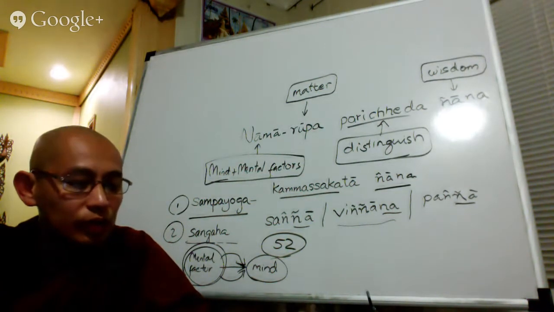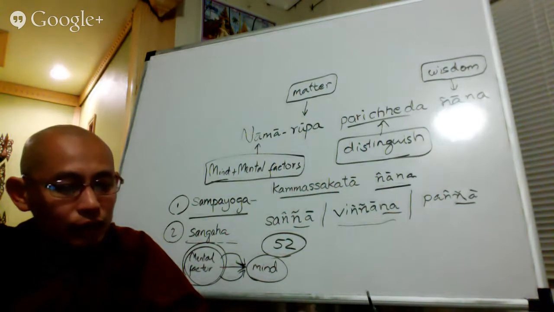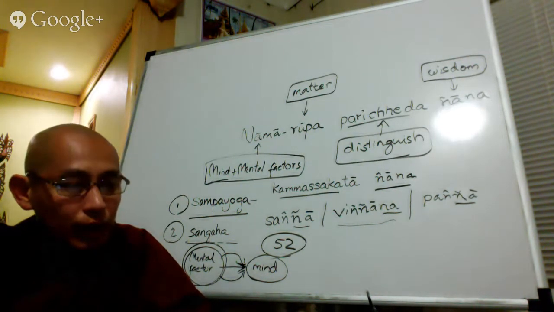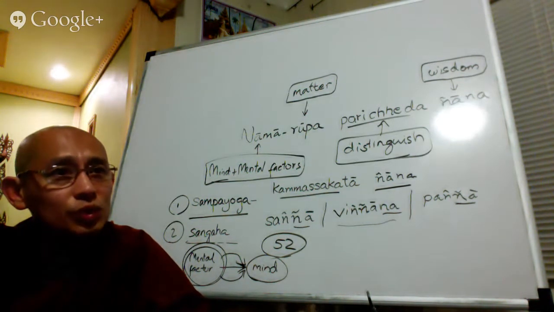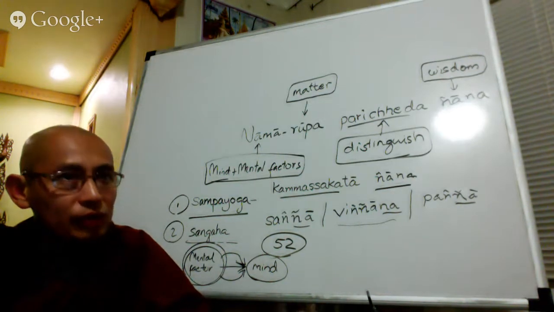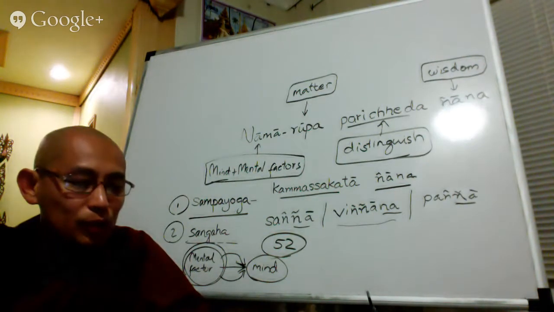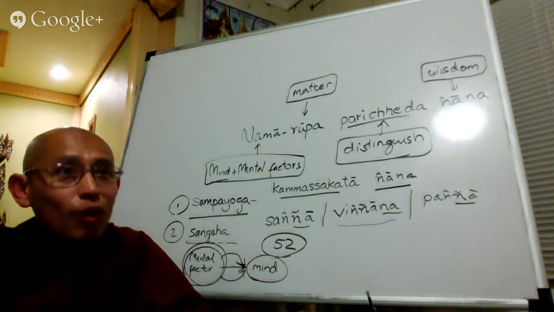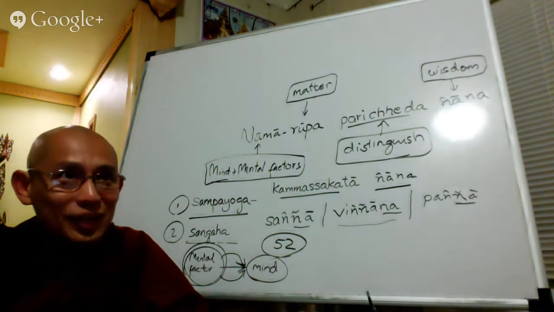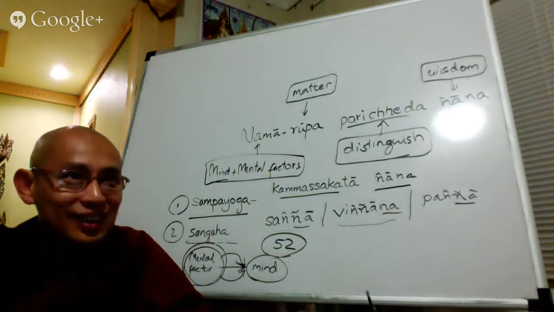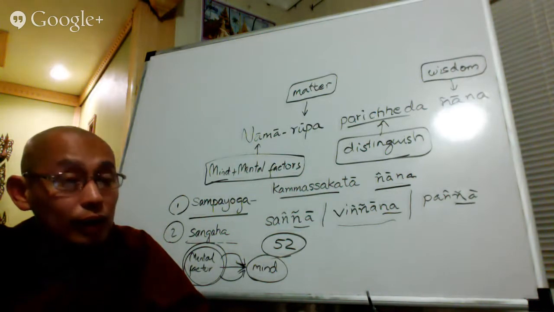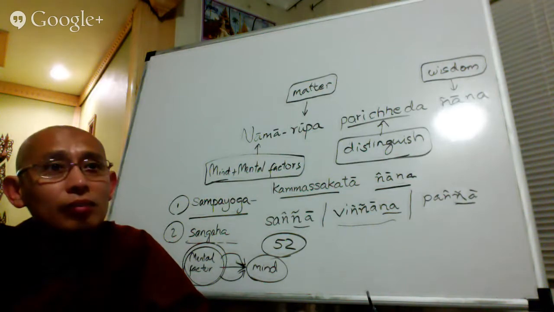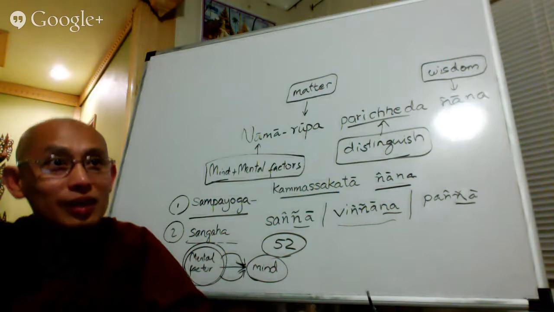Okay, so the 15 Rupavacara fine-material sphere consciousness are always associated with vidya. And then Arupavacara Chitta, formless sphere consciousness, 12. These minds are also associated with vidya, effort. It is a much more difficult jhana level. How can we attain it without vidya? It's not possible. So we need vidya. And then also the last one, Lokuttara Chitta, supramundane mind, we need much more effort.